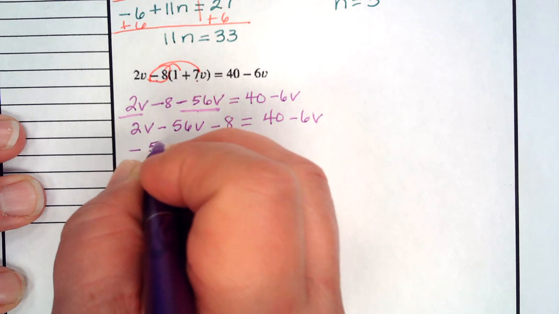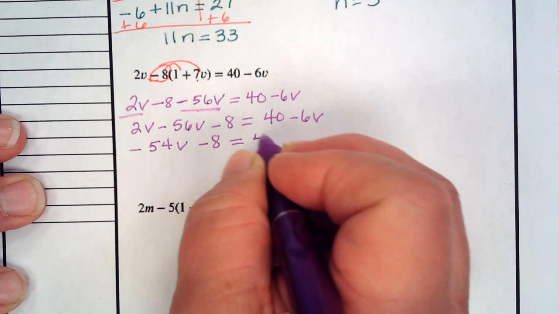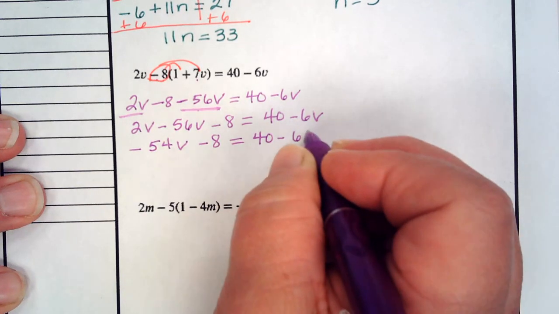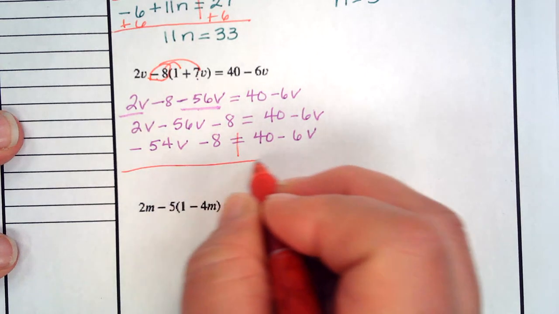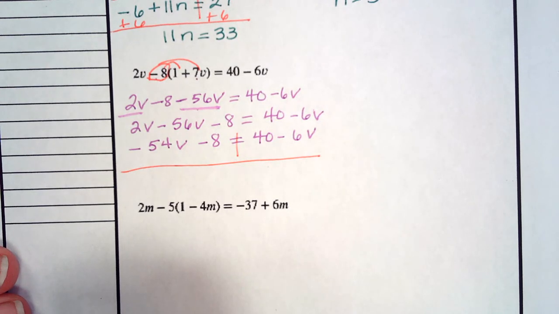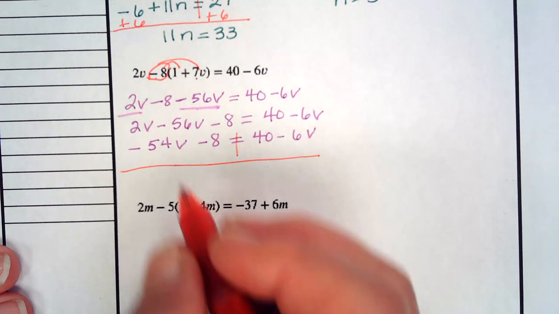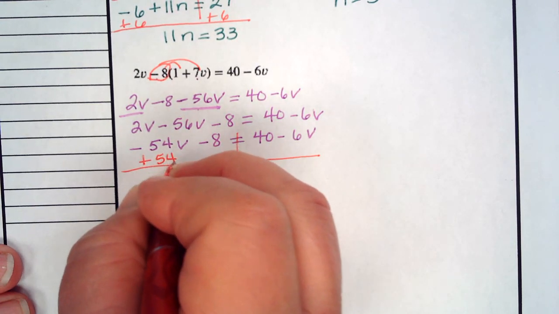Negative 54v minus 8 is equal to 40 minus 6v. Which is smaller, negative 54 or negative 6? Negative 54, so we'll add 54 to both sides.